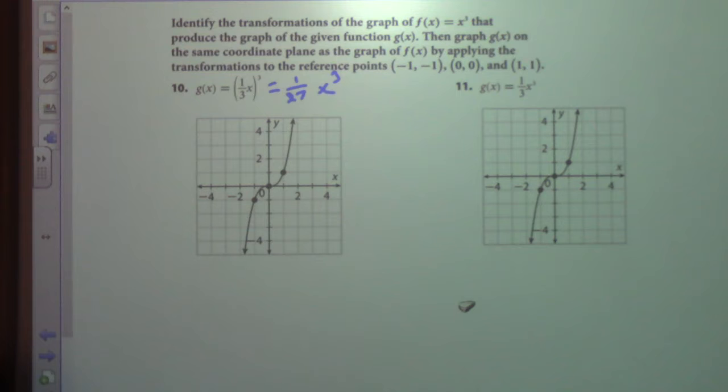Okay, we just started on number 10, where we see if we take 1/3 cubed, we're going to get 1/27th, and then x cubed, so you get 1/27th x cubed. So the question is, what kind of transformation is made to get from f of x equals x cubed to whatever we see here?